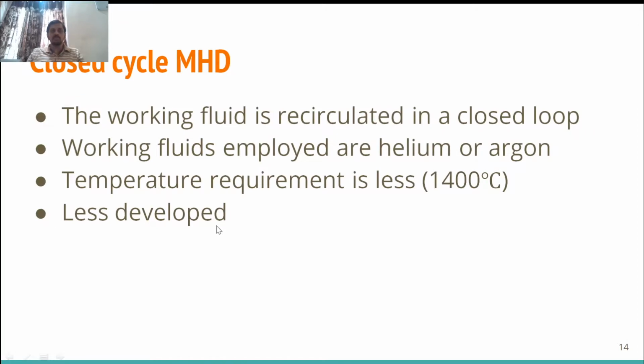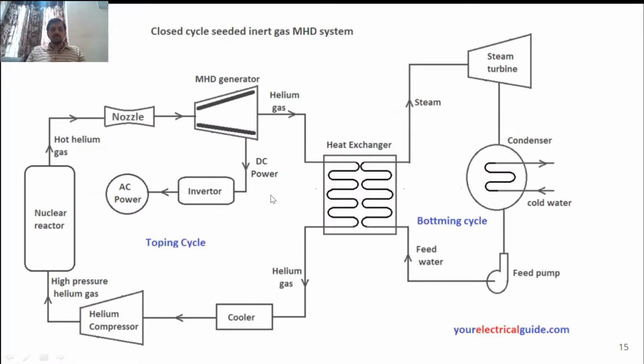Now coming to the closed cycle, the working fluid is recirculated in a closed loop. Instead of air, you can use inert gases, helium or argon. So we can have a lower temperature requirement since the gas is recirculated. Still it is in the developing stage. You can see here the helium gas, after being utilized in the heat exchanger, is not given away, but is given back to the cooler.